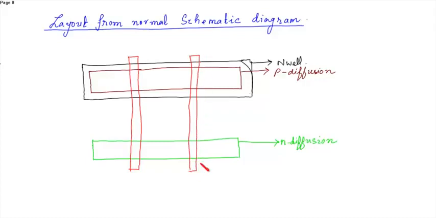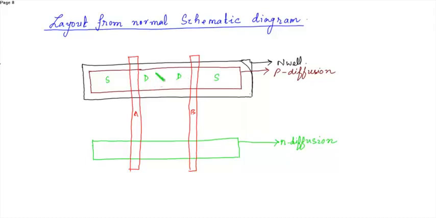Now after drawing the P diffusion and N diffusion layer, next you have to draw the poly. These are the two inputs, A and B. The output will be Z. If you want to label the source and drain, this is the source terminal of P1, this is its drain terminal, this is the source terminal of P2, and this is the drain terminal of P2.